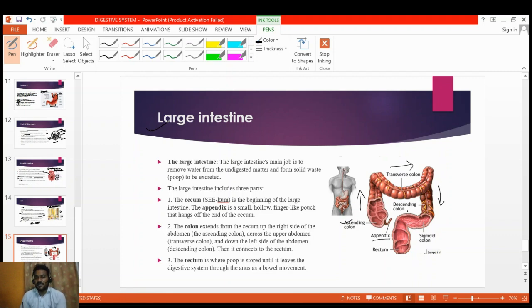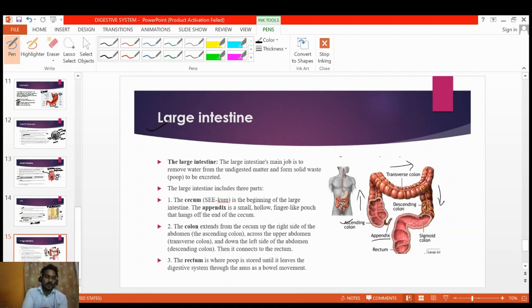It finally connects with a broad portion where the waste is stored until it leaves the digestive system. Finally, by the process of defecation, or egestion, the waste is egested out of the body via bowel movement.